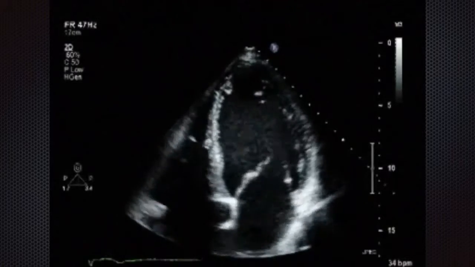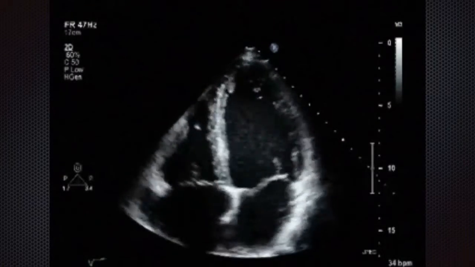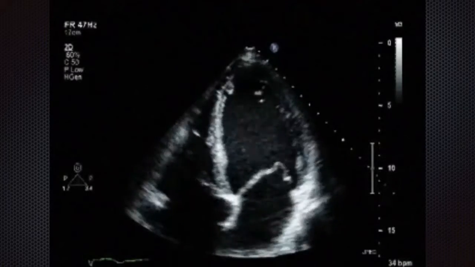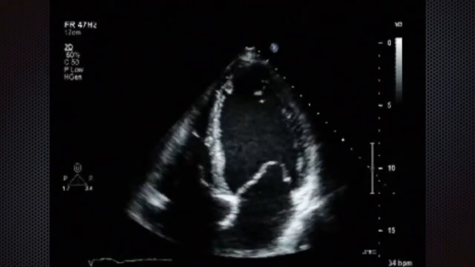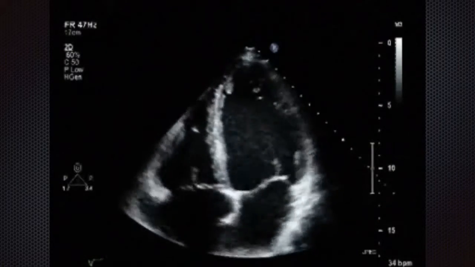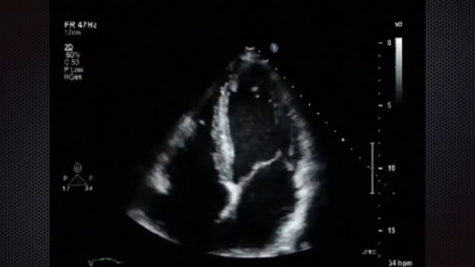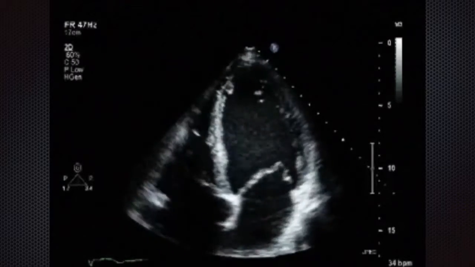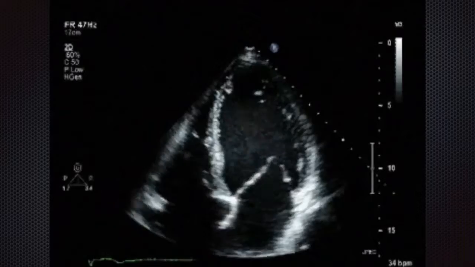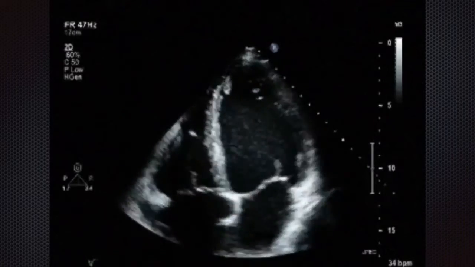So looking at the apical views now, you can see on the right of the screen there's a larger chamber left side, which is the left ventricle and left atrium. On the left side is the right ventricle and tricuspid valve and right atrium.